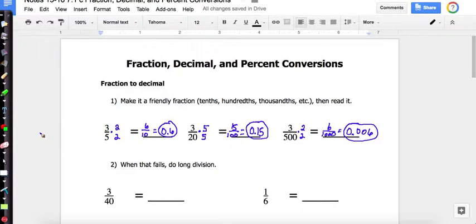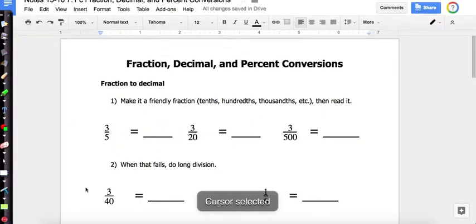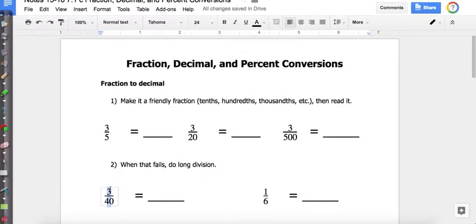So what do we do when we don't have a friendly fraction? Let's look at the first one here. We need to change this to 5/8.